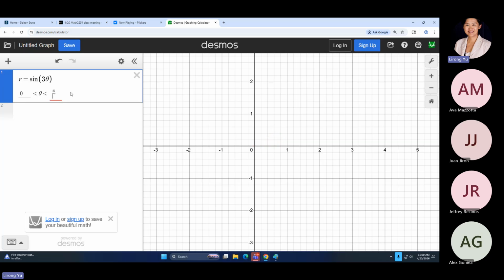Increase this to pi over 4, and so on, up to 3 pi over 4. You can see when you finish the whole shape. If you have 0 to 2 pi, of course, it repeats itself.